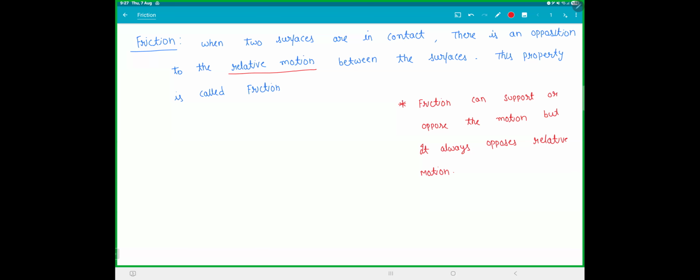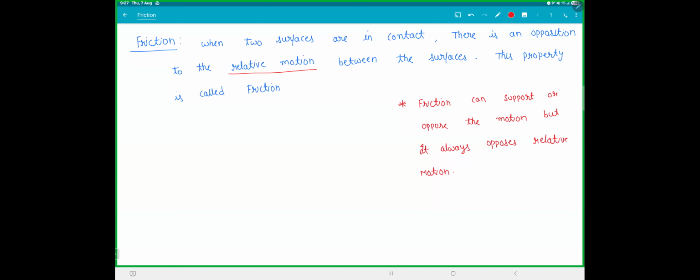There is nothing called muscle force, leg force, body force, brain force. There's nothing like that. We have seen this in the beginning. There are only four fundamental forces. The problem is, like I said, when people think about friction, they always think of one thing: friction opposes motion. That is a problem here.